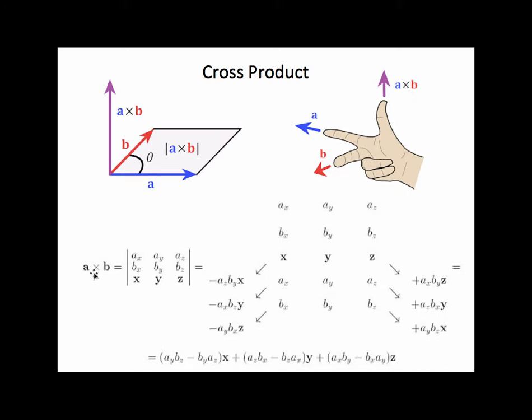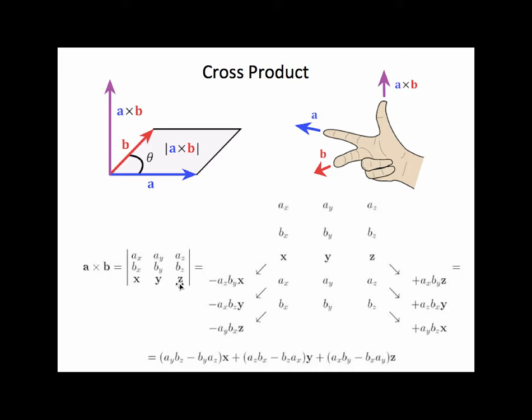You can write A cross B as the A vector components in the top row, AX, AY, AZ, underneath the BX, BY, BZ components of the B vector, and that's followed underneath again by the X, Y, Z unit vectors.